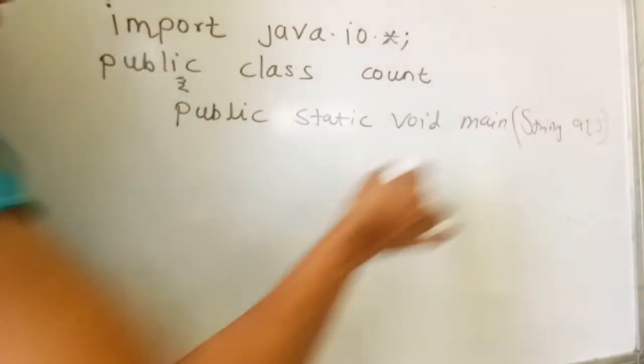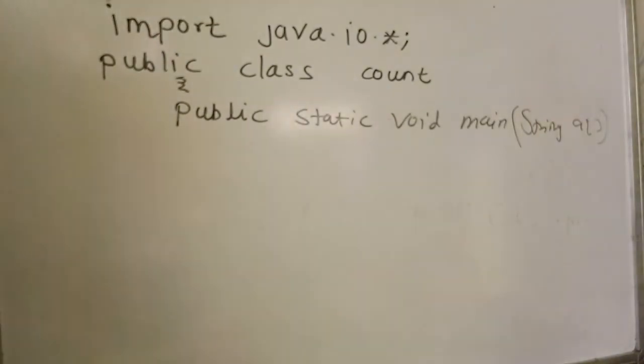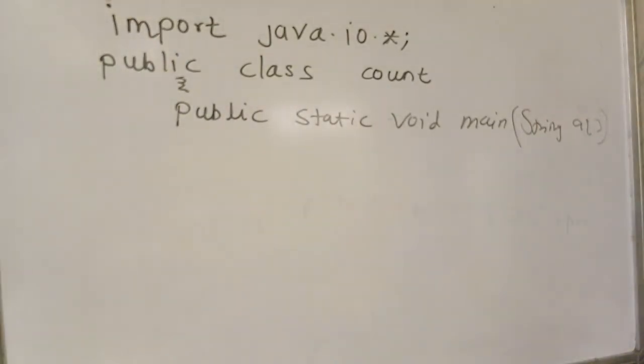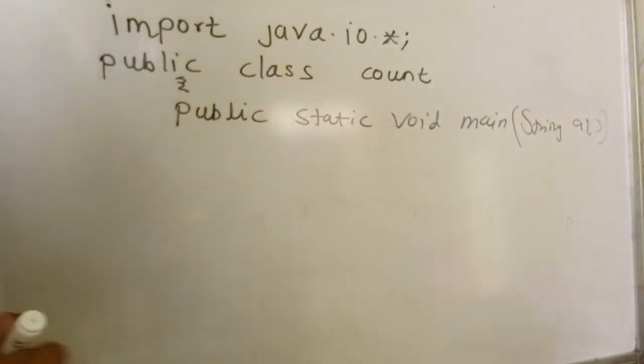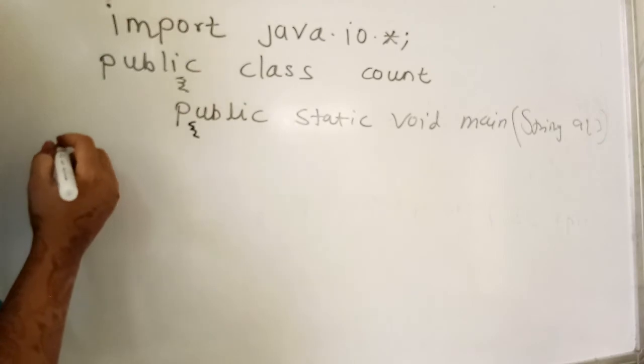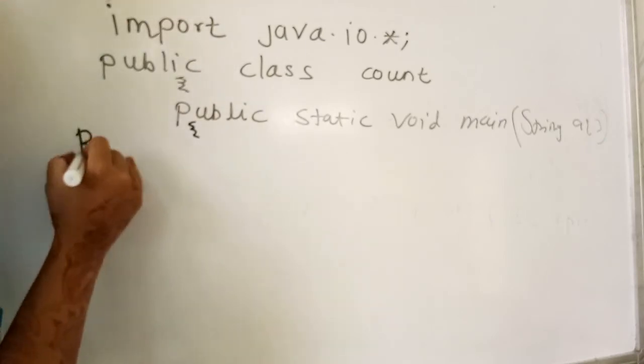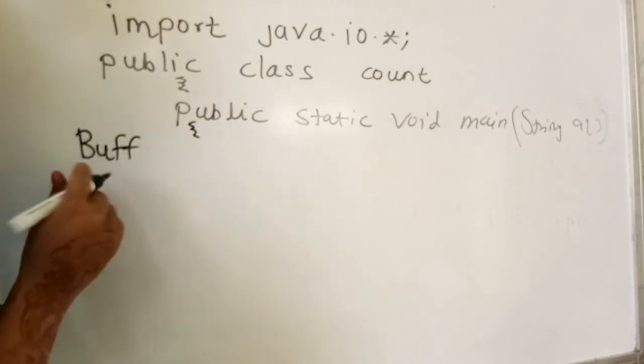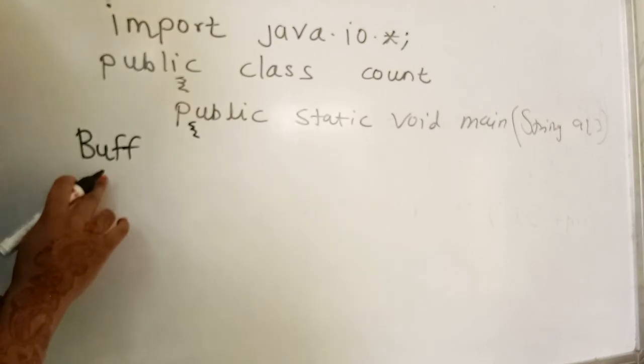Now how will we make a counter of the objects created? For that we have to accept input from the user. For accepting input from the user, there is a standard class known as BufferedReader. So I am writing the code and also telling the syntax.